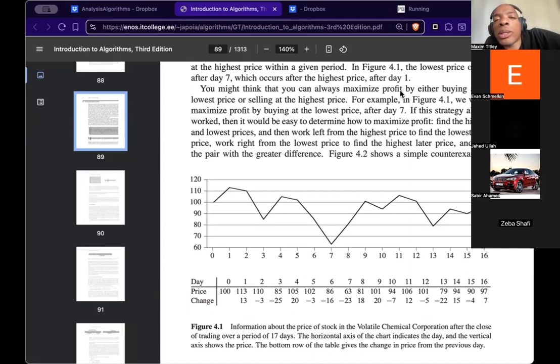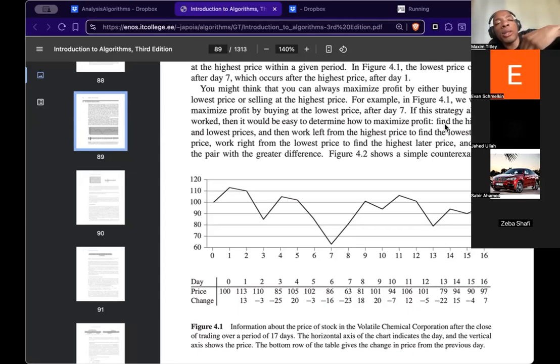You might think that you can always maximize profit by either buying at the lowest price or selling at the highest price. But in this example, figure 4.1, we will maximize profit by buying at the lowest price after day 7, despite the fact that the highest price was on day 1 after day 0. If this strategy always worked, then it would be easy to determine how to maximize profit.